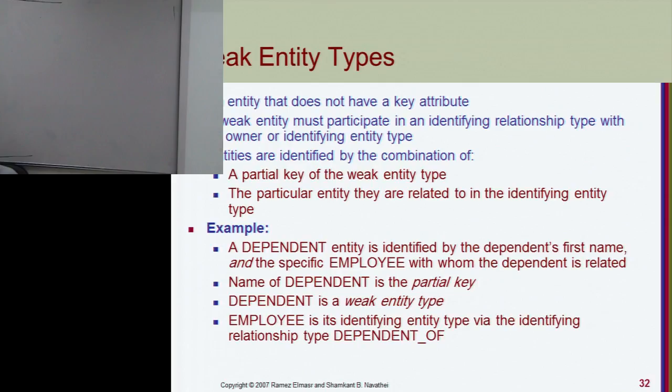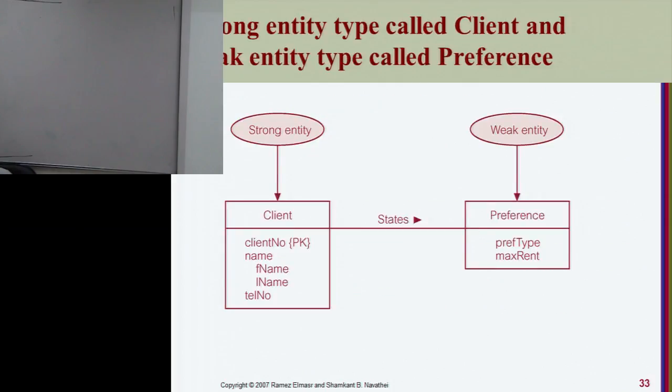Let's move to another important element of the vocabulary, the relationships. We said that the vocabulary of the ERD language is composed of three main components: entity types, attributes, and relationships, or actually relationship types. So let us move to the relationship types.